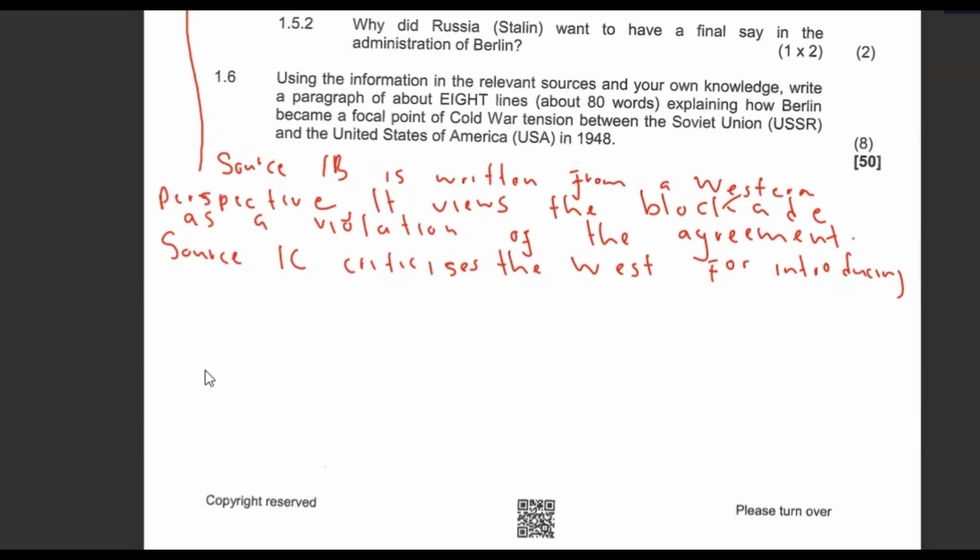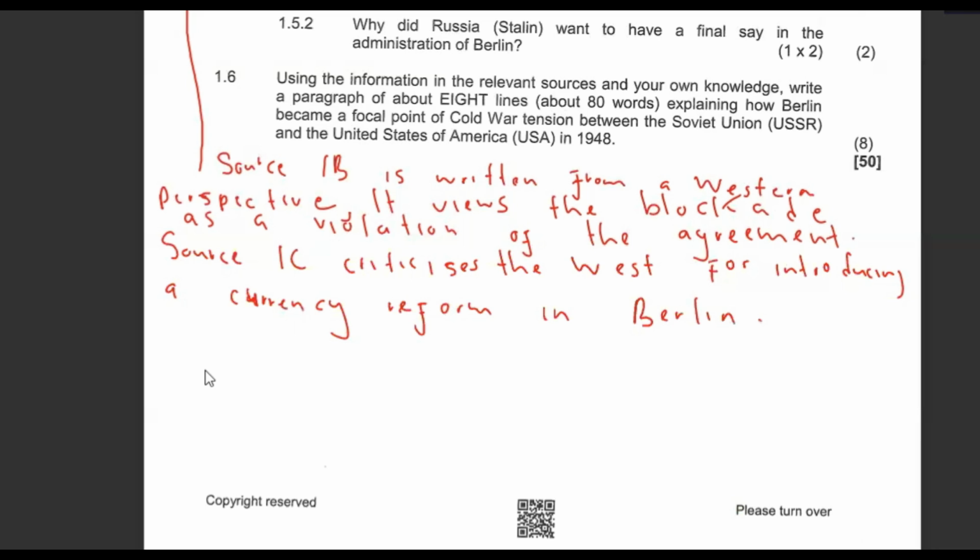Source 1C criticizes the West for introducing a currency reform in Berlin. So that is the difference between the sources.